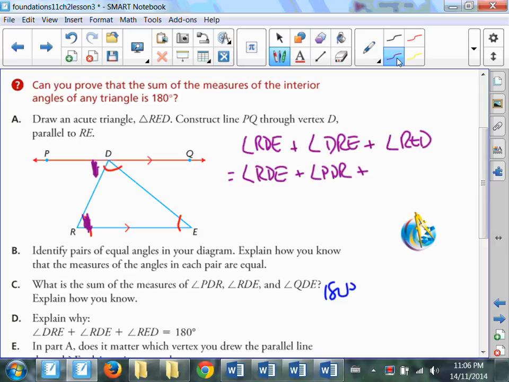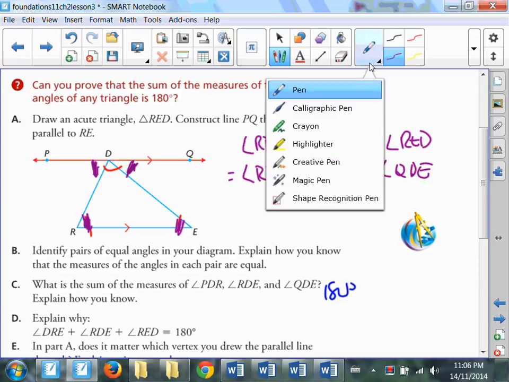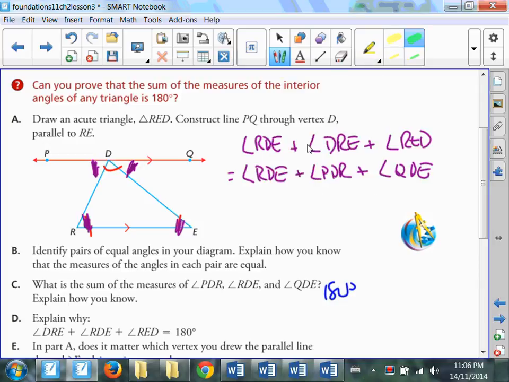Angle RED is this right in here, and that's equal to this angle here, so that's angle QDE. And that's by the alternate angle theorem. So by the alternate angle theorem, we made two substitutions. This is equal to this, and this is equal to this. So if we wanted to say that, we can say by substitution.